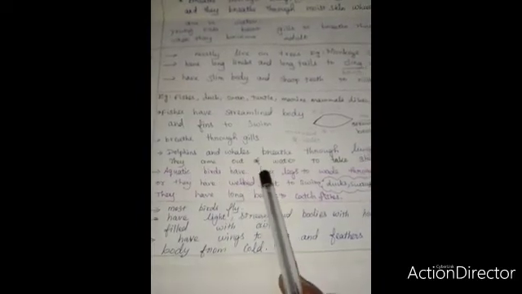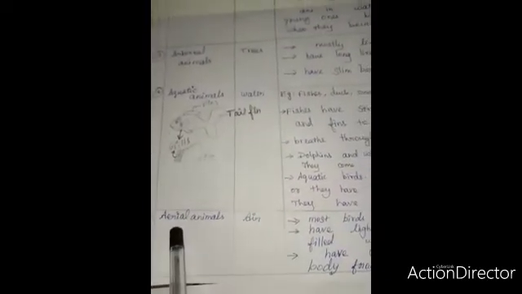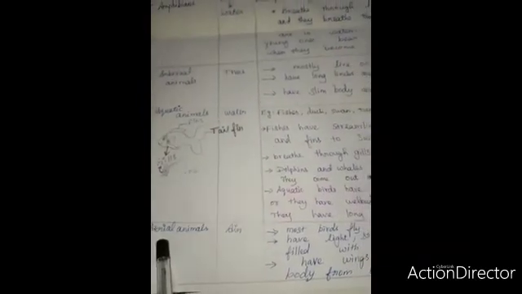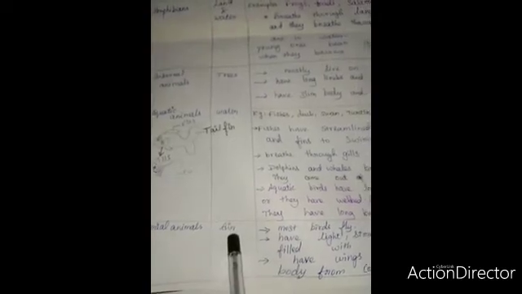Aquatic birds have long legs to wade through water. Example: cranes and flamingos. Some birds like ducks and swans, they have webbed feet to swim across the water. Also, the aquatic birds have long beaks to catch fishes. Then, aerial animals. Aerial animals are the animals which spend most of their time in air.